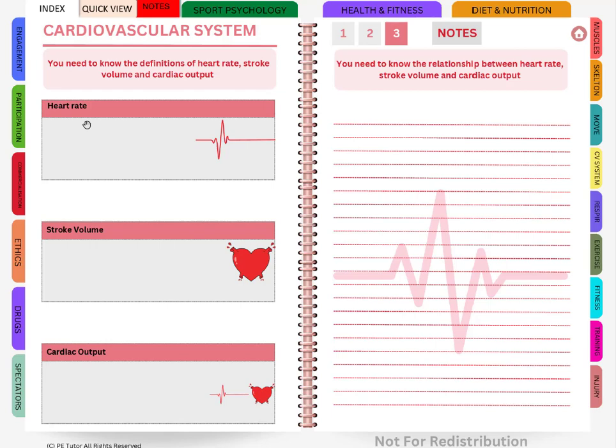Yes, they will need to use different resources to help them to get the information they need, and that's no bad thing at all. But once they've filled out this booklet, and you can go through this with them prior to their exam, during the course of the 2-year GCSE, however you wish to use it, once they've got this content, they will be extremely well set up in preparation for their exams.